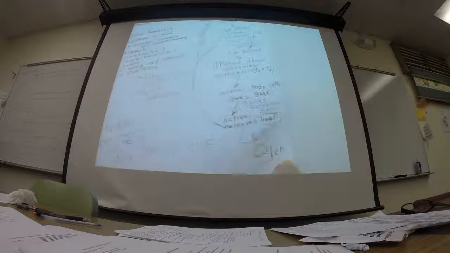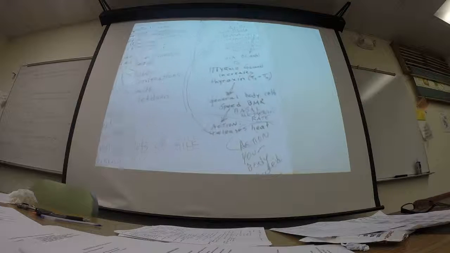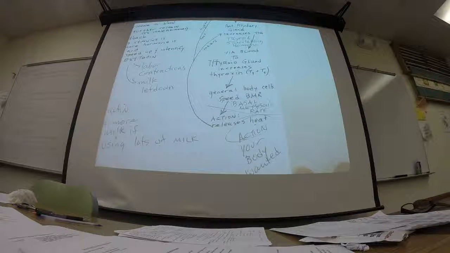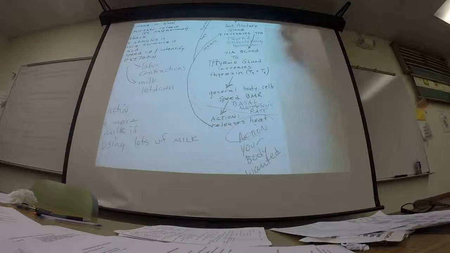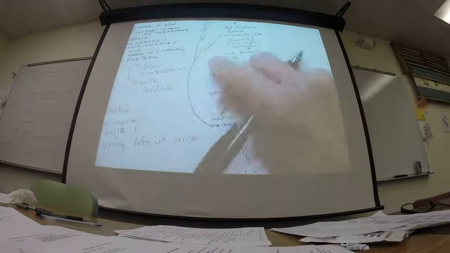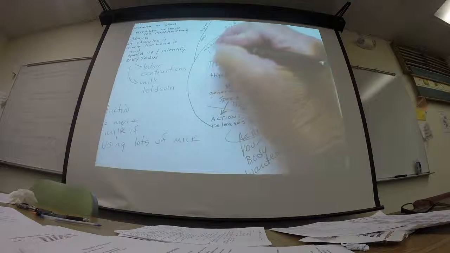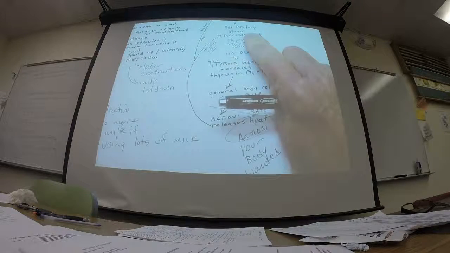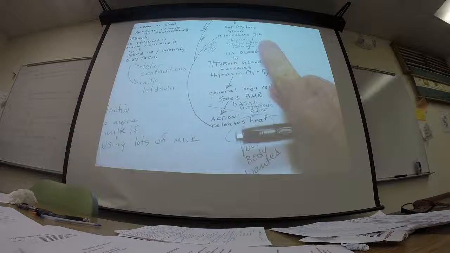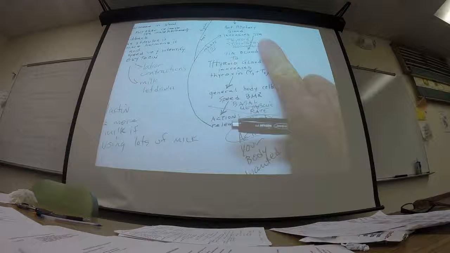The minute you get what you wanted, it begins to inhibit this further. So it inhibits here first, the anterior pituitary gland. But maybe at that moment in time, you also started exercising.